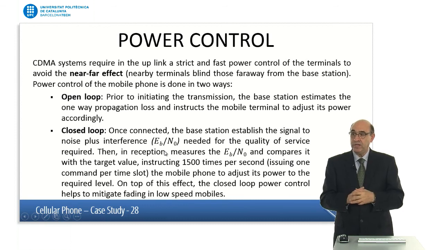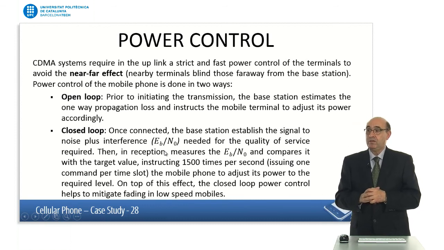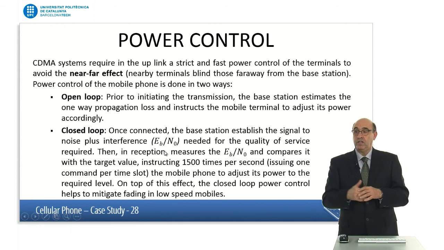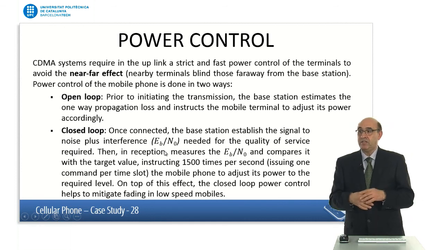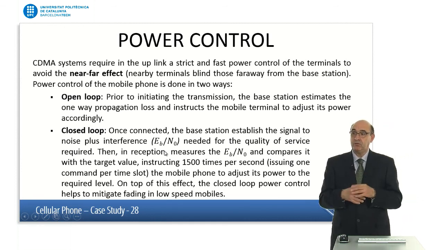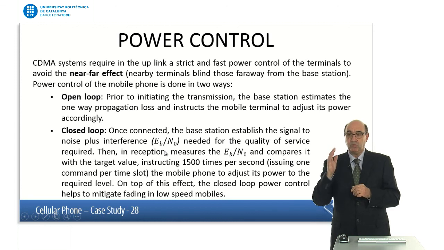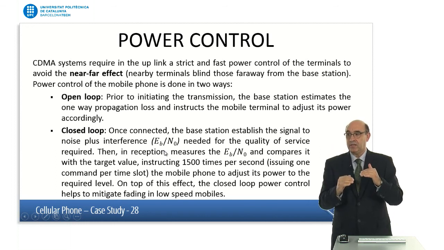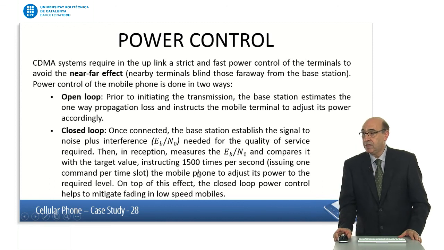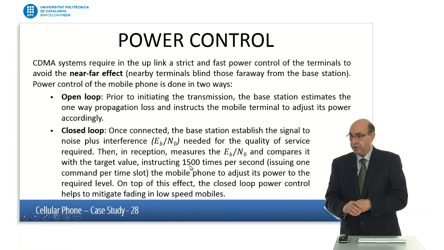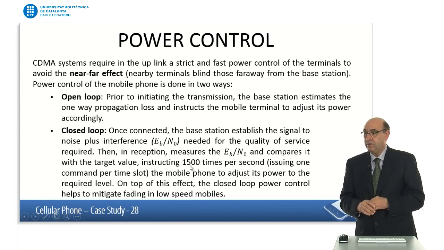And there are two ways to control the power. The first, before the call, the receiver on the base station could estimate your propagation loss and will tell your phone to use a certain power. But once you start to transmit, then it measures the signal-to-noise ratio and adjusts it to the target value. It does this on those phones once per time slot, that means 1500 times per second.